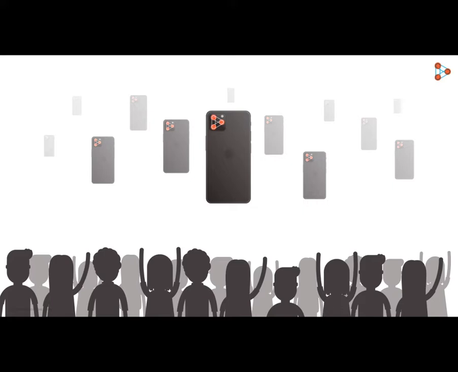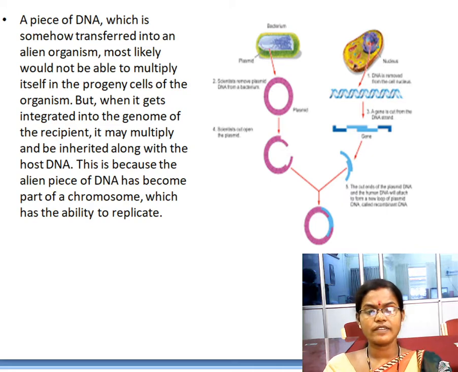You have seen the video of genetic engineering, that animation. In the animation, what they have shown is that DNA is cut from one organism and inserted into the other organism, and then the new DNA is synthesized, and that new DNA is called recombinant DNA.